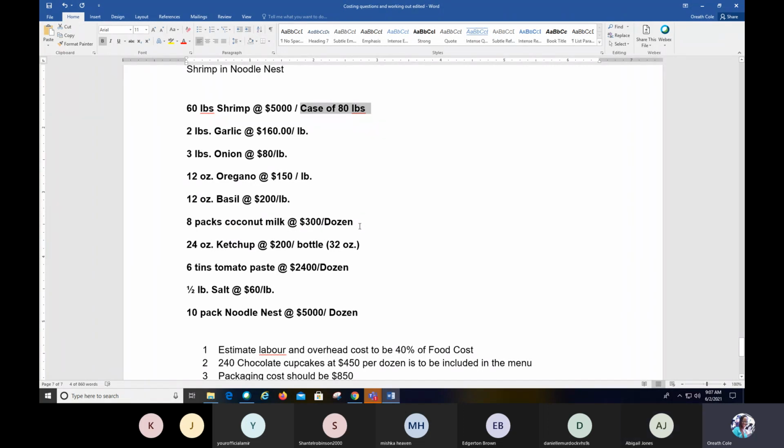So we must find out, when we break down the recipe, how much these things are going to cost us. So we must know how to break it down. We know how much the case costs and so on. So we have to break down the individual to find the cost of the individual recipe items.